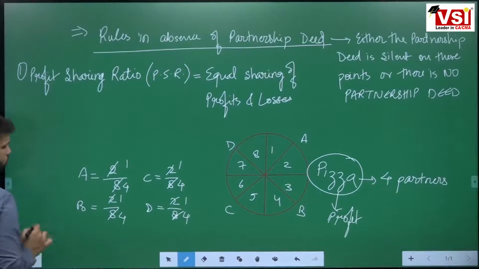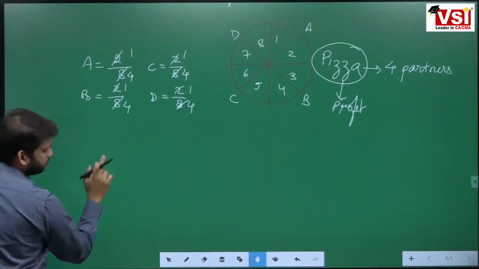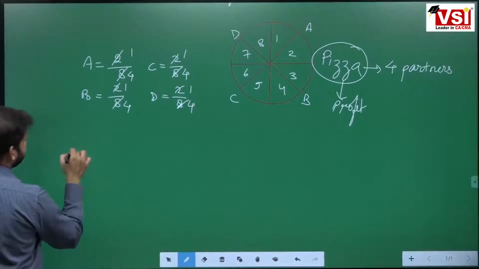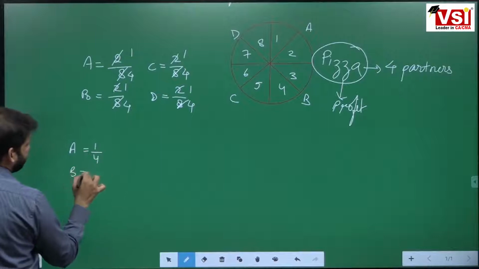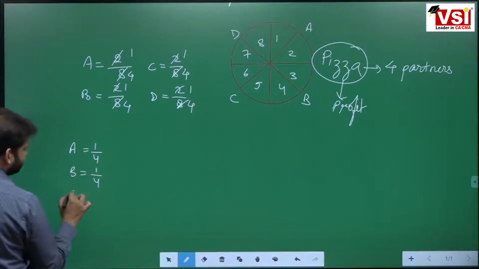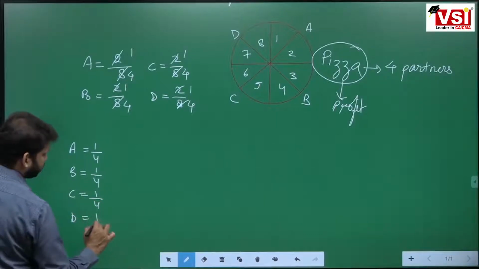So we can also say that A will get 1/4, B will get 1/4, C will get 1/4, and D will get 1/4.